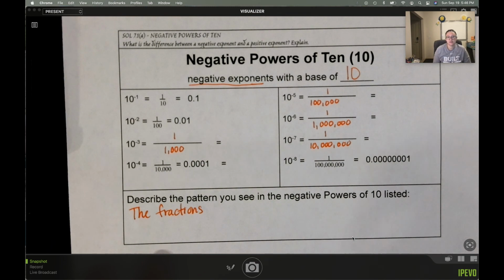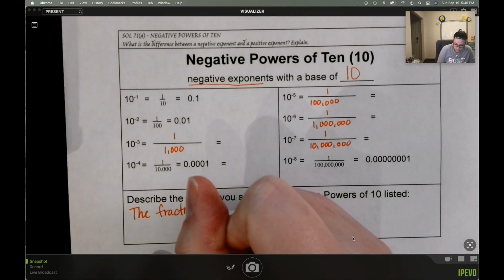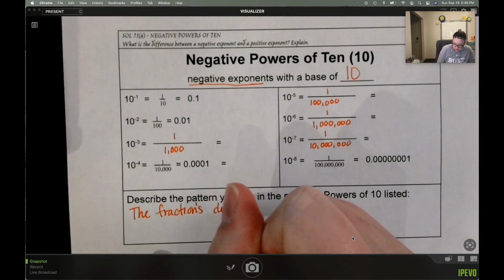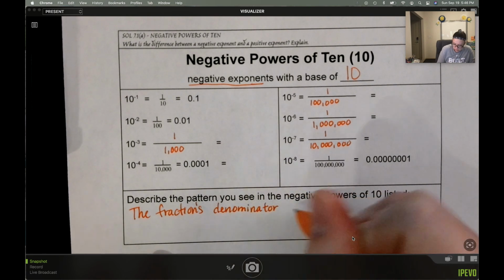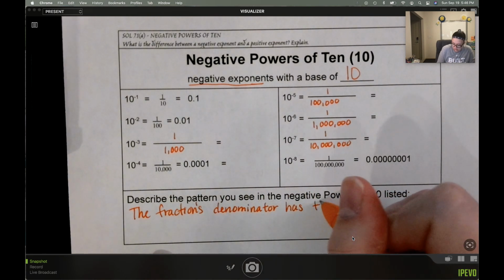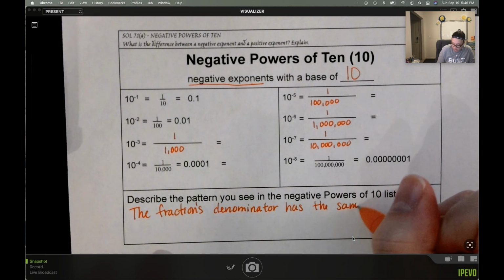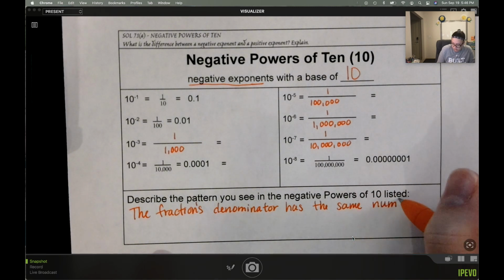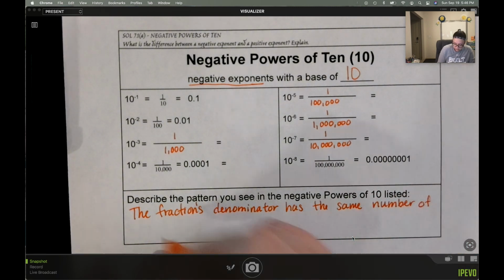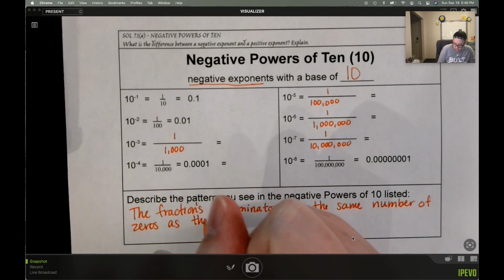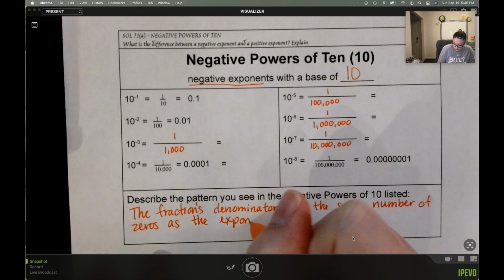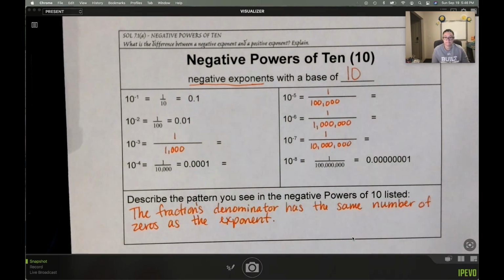The fraction's denominator has the same number of zeros as the exponent.